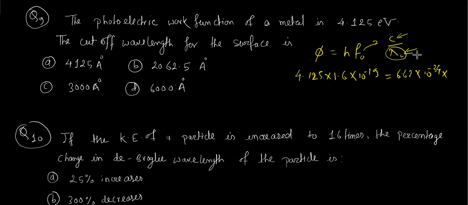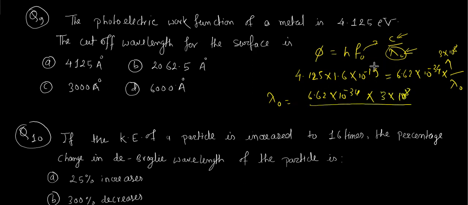For c, I'm going to write 3 into 10 to the power 8, divided by lambda naught. That's why the value of lambda naught is 6.62 into 10 to the power minus 34 times 3 into 10 to the power 8, divided by 4.125 into 1.6 into 10 to the power minus 19.